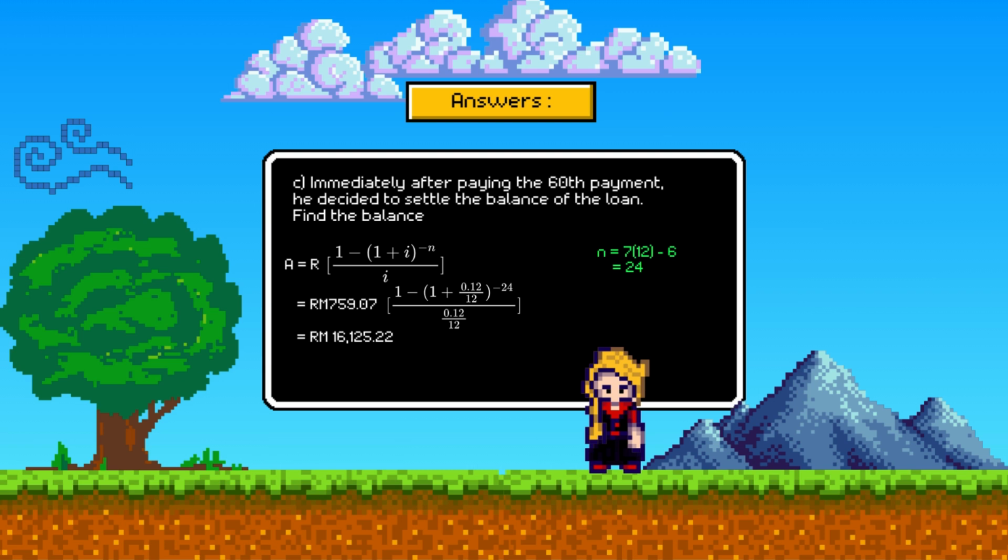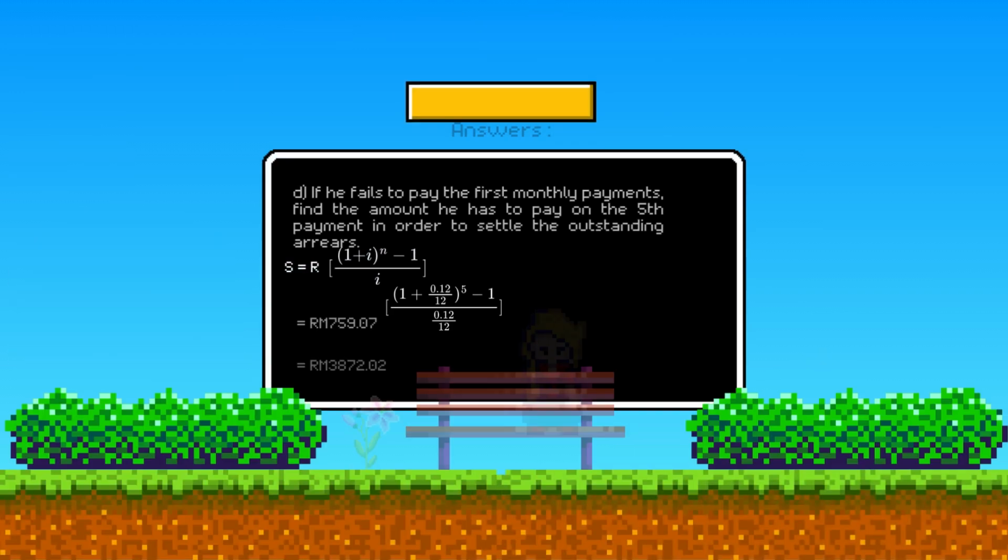Then you just need to insert the given values into the formula, and we got the answer for A, which is 16,125 ringgit and 22 cents.